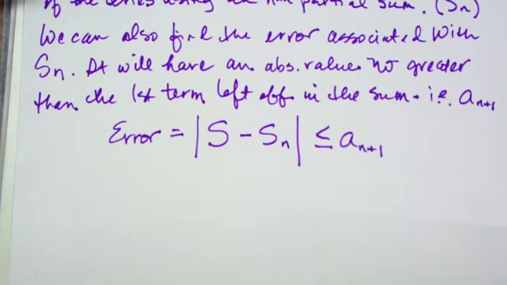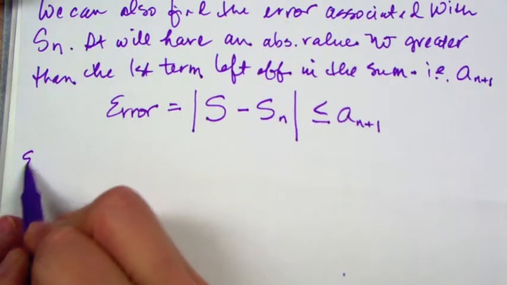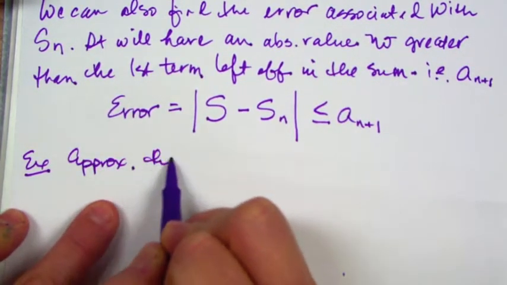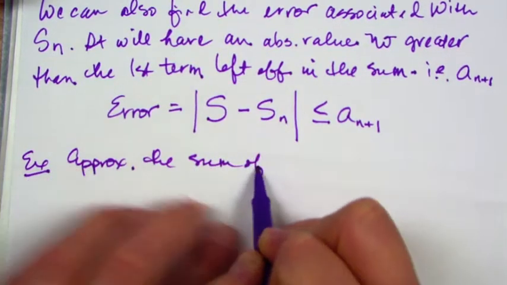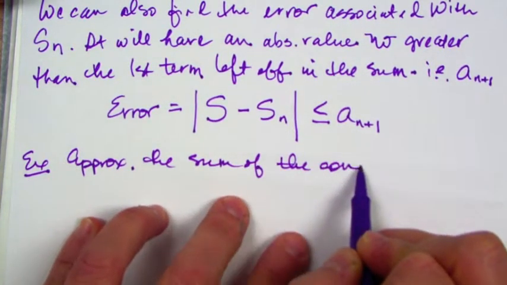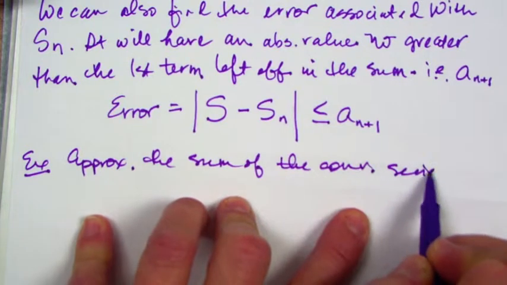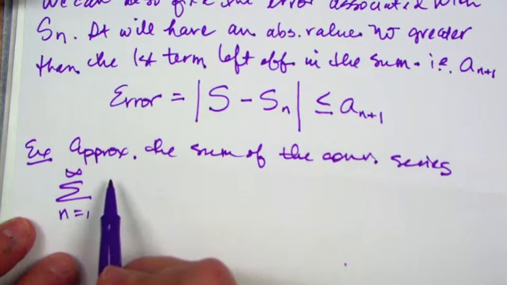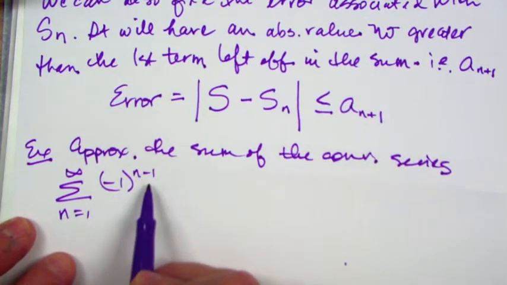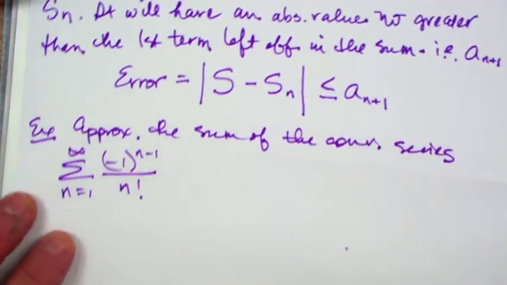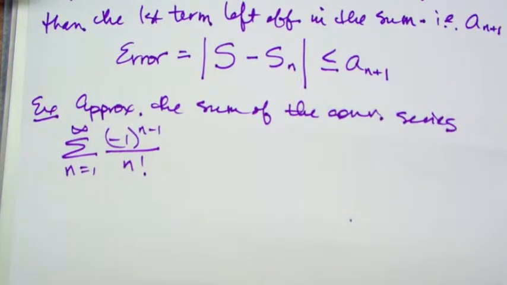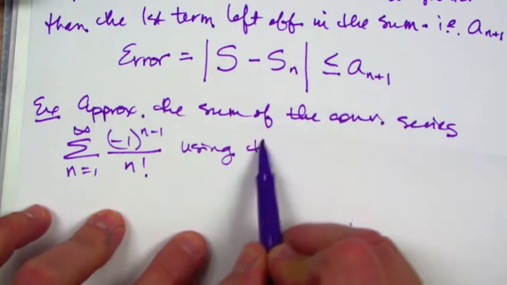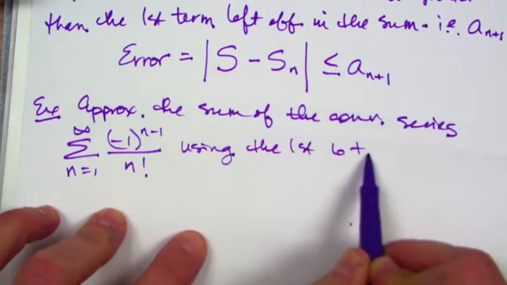Let me see if I can get us through one example, okay? Approximate the sum of the convergent series, n equals 1 to infinity of negative 1 to the n minus 1 over n factorial, using the first 6 terms.